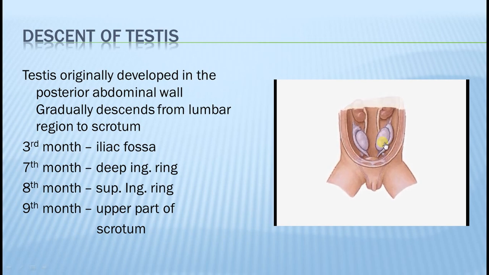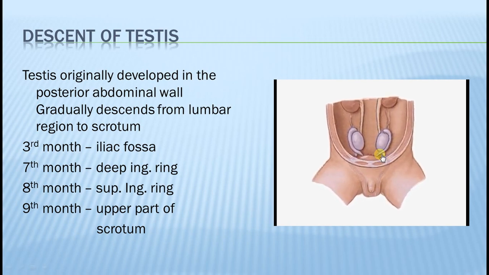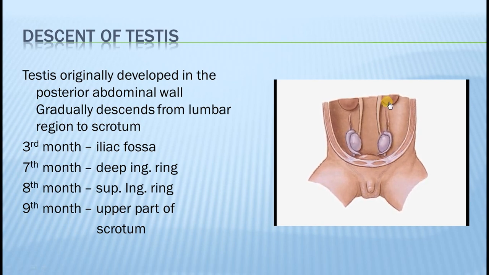So this is the testis and the epididymis, you are able to see here. See how the kidney was originally here above, slowly it has descended. It brings a fold of peritoneum.